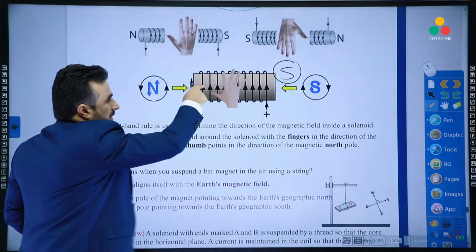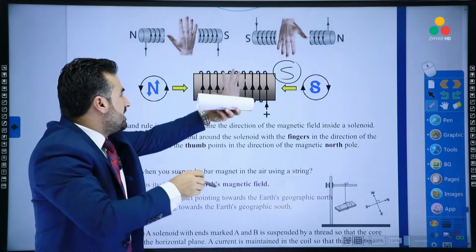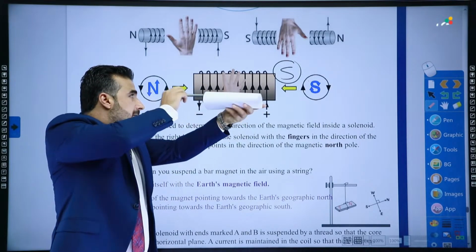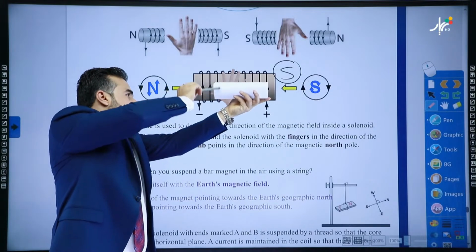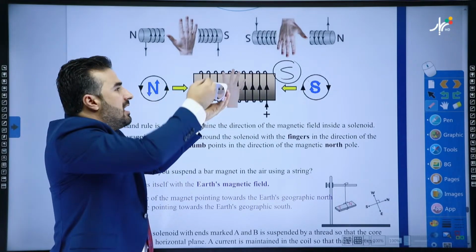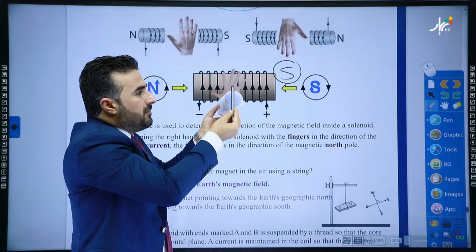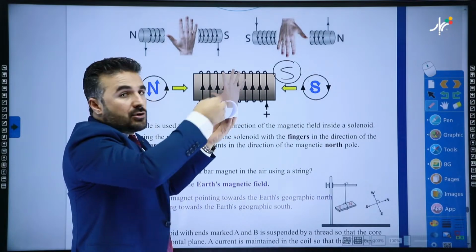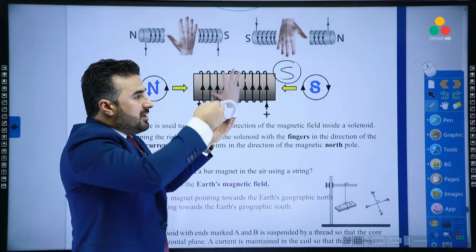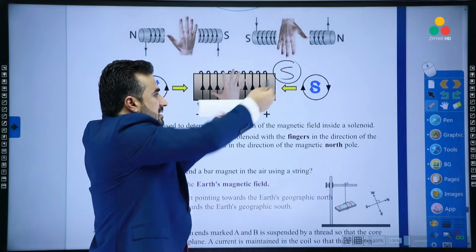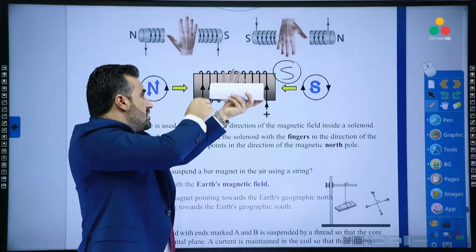What about this end here? If we look at this end here, the current is moving this way, yeah? You can see that the current is going upward and then going like this. So if you look at this one here, the direction of the current is counterclockwise, true? By looking at the first end, it is clockwise. If you look at the other end, it is going upward, yeah?